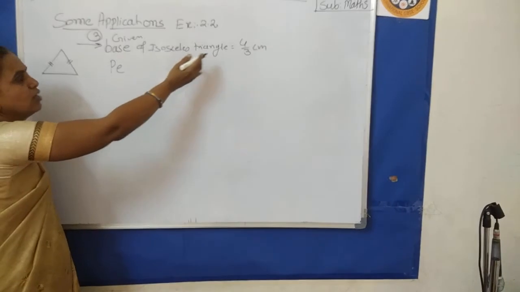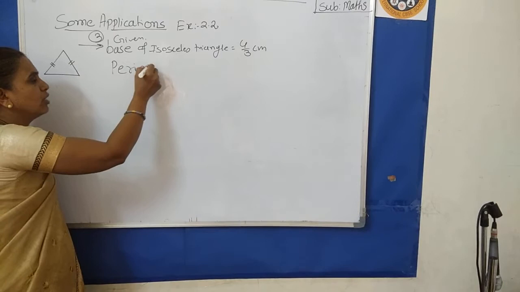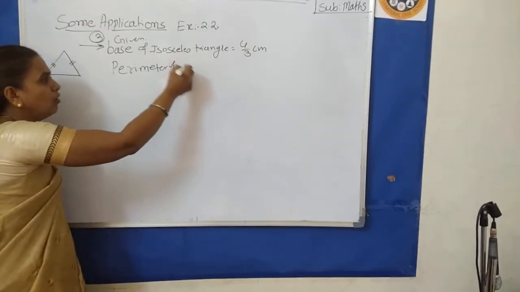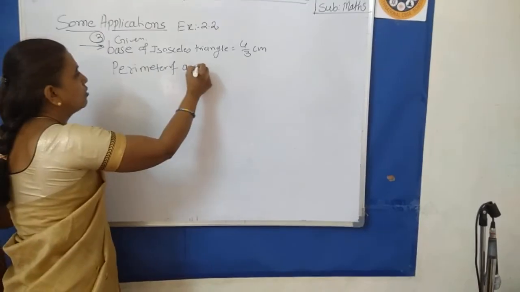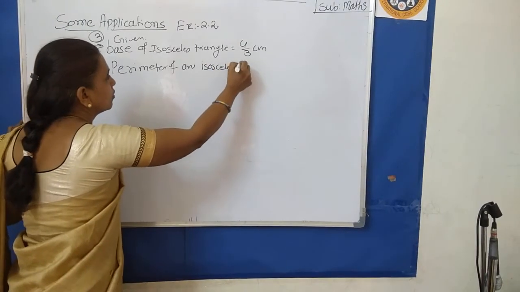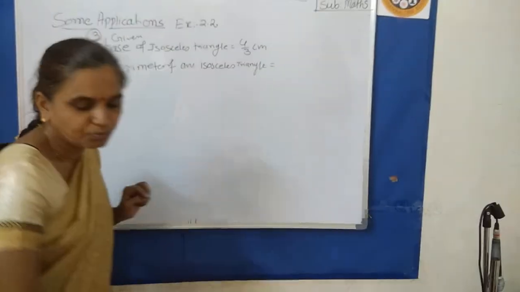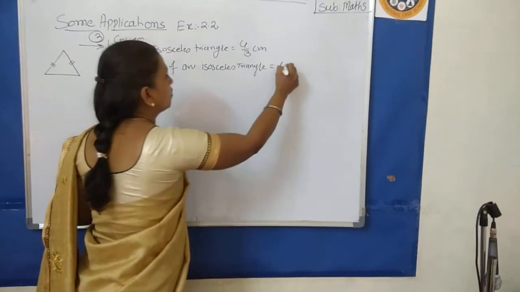Base of an isosceles triangle is equal to 4/3 centimeter. Perimeter is also given. Perimeter of the isosceles triangle is equal to 4 2/15 centimeter.